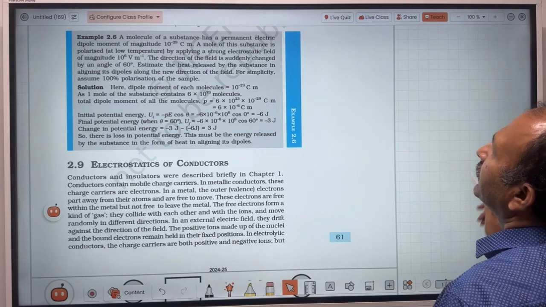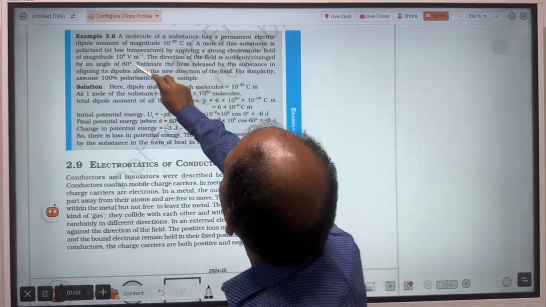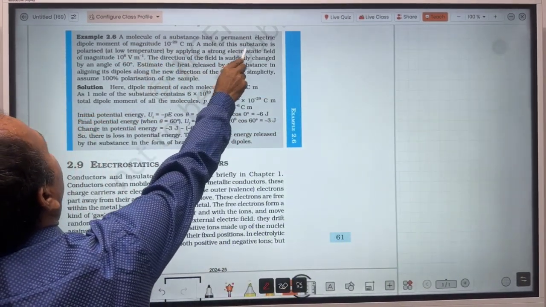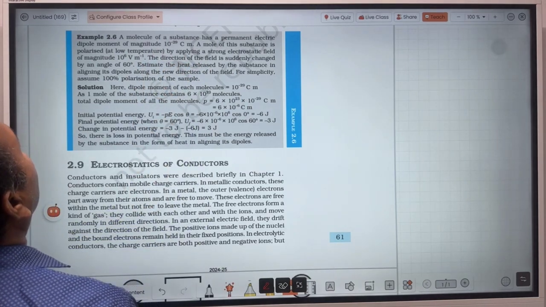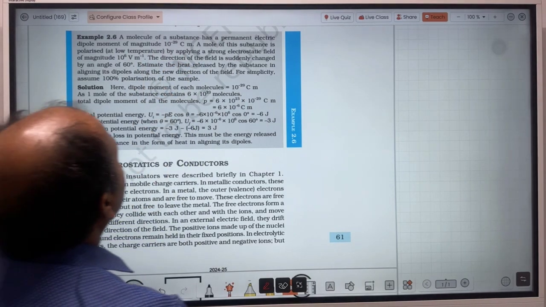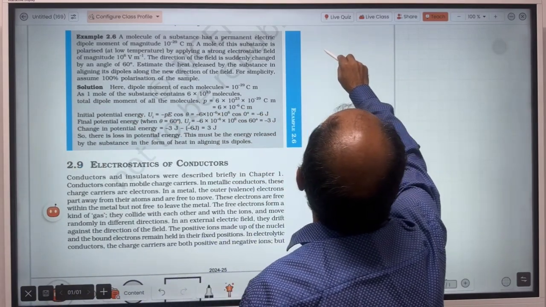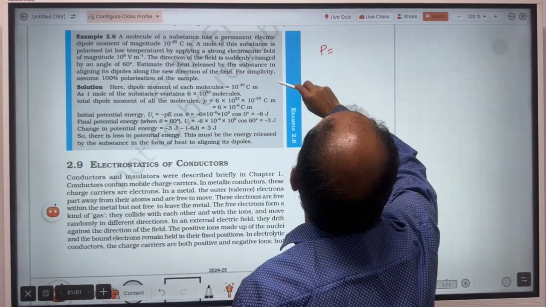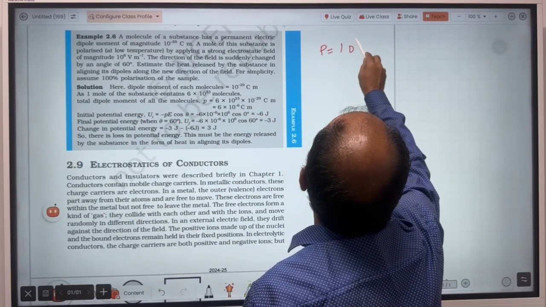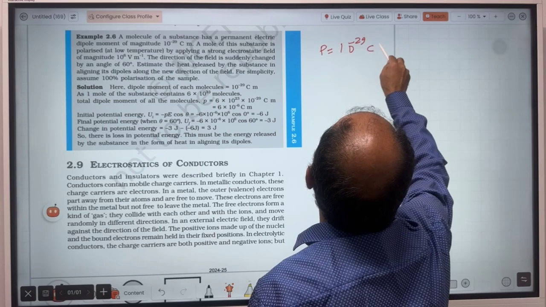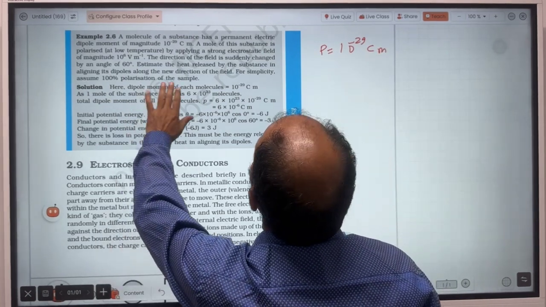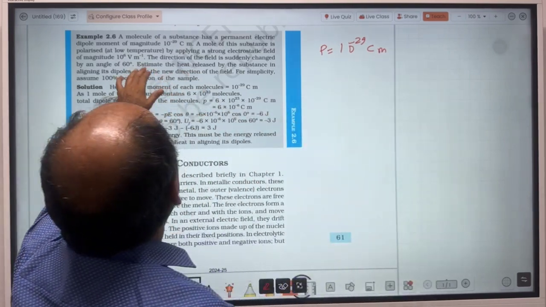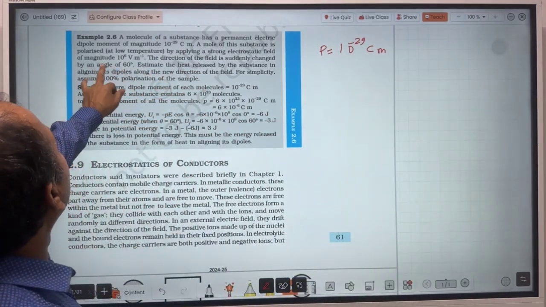Here the dipole moment is given as 10 power minus 29 coulomb meter for one molecule. So the dipole moment for one molecule, say P, equals 10 power minus 29 coulomb meter, and here we are taking 1 mole.